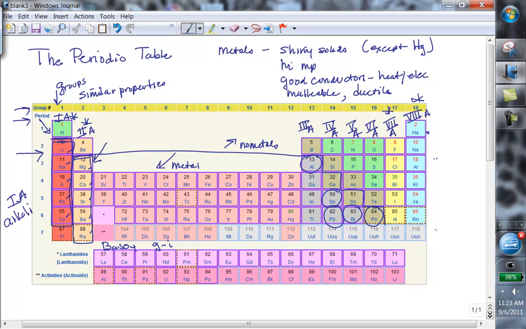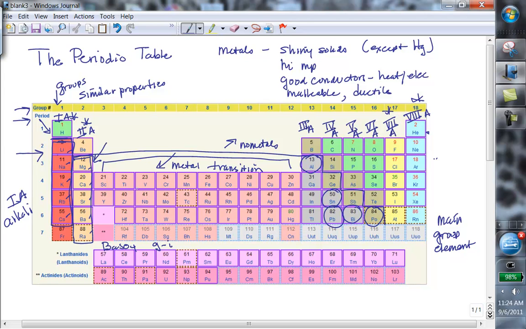These are called main group elements. I'll also want you to learn some names of some of the other metals, and these are called the transition elements. And they are in this center part of the periodic chart.